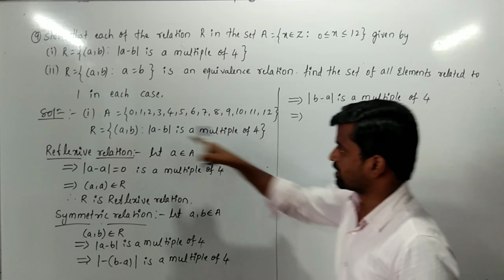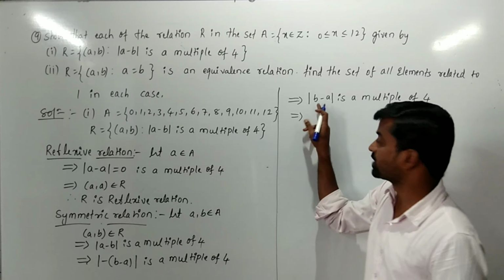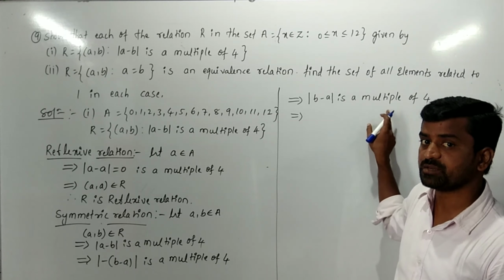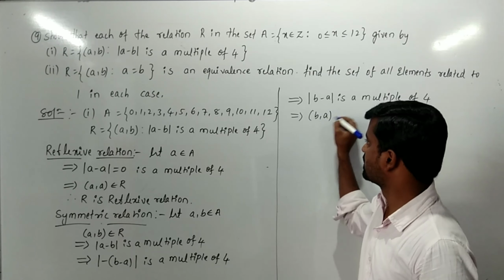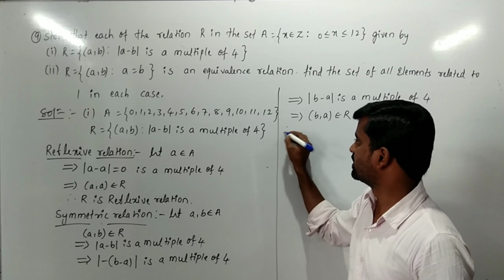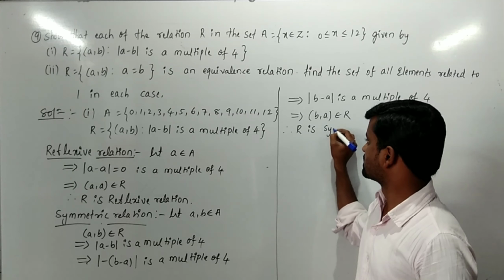Therefore, if (a, b) is given, that is |a - b| is a multiple of 4, here |b - a| is a multiple of 4. This means (b, a) belongs to R. Therefore R is a symmetric relation.